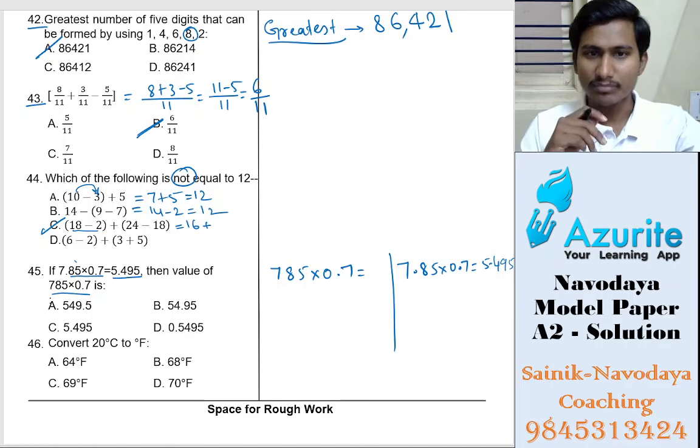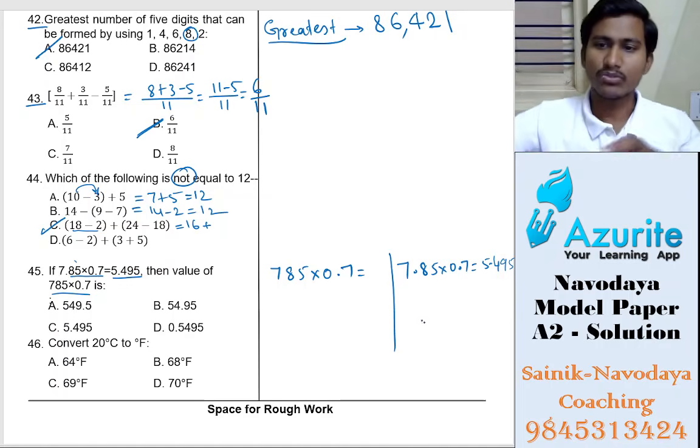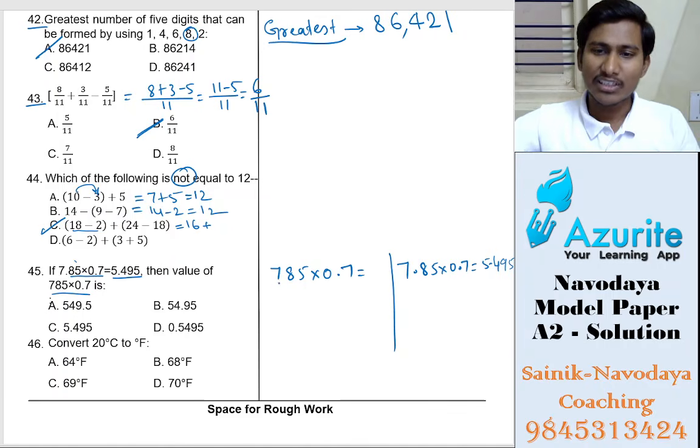So this is given. So we have to find this answer, right? If you see, there are no decimal places here, right? So what do we have to do? To remove the 2 decimal places from this, we have to multiply by 100. If you multiply by 100 here, you also multiply by 100 on the other side of the equal sign. Now 0.7 is the same as 0.7.